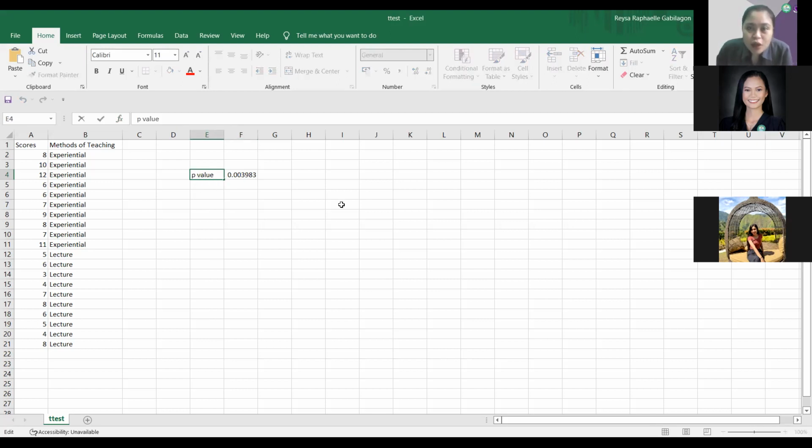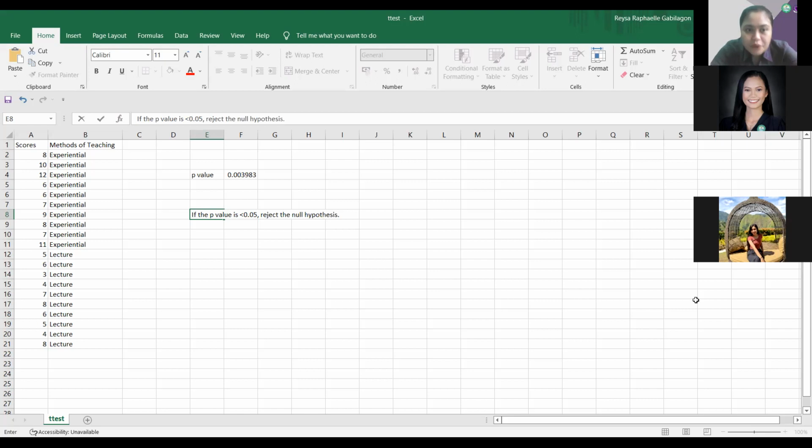So again, the Excel will not give us the t-score. Instead, it will be the p-value. So since this is the p-value, our decision rule here is if the p-value is lesser than 0.05, reject the null hypothesis.